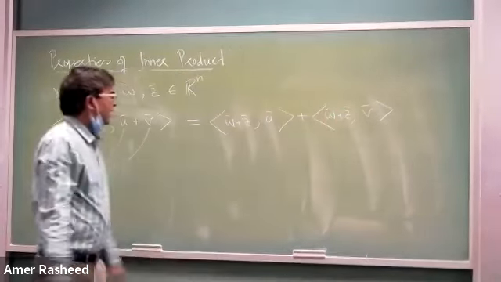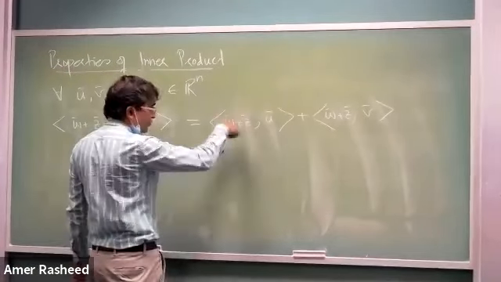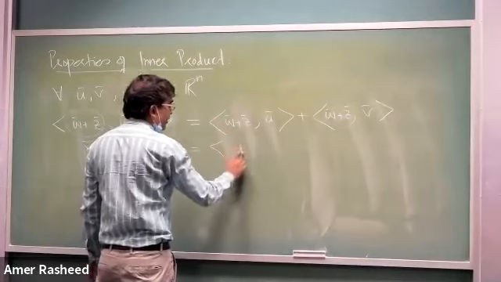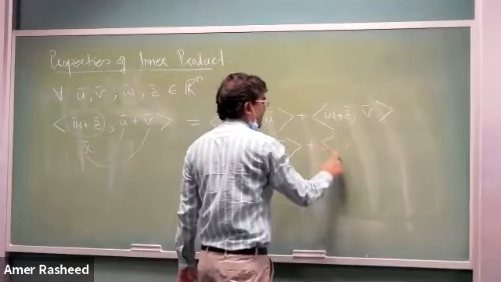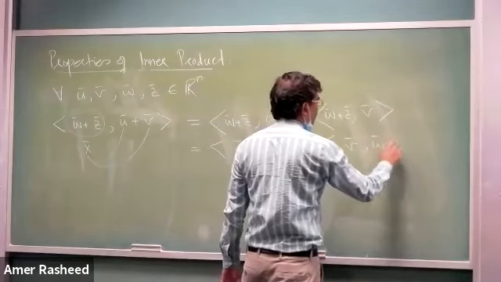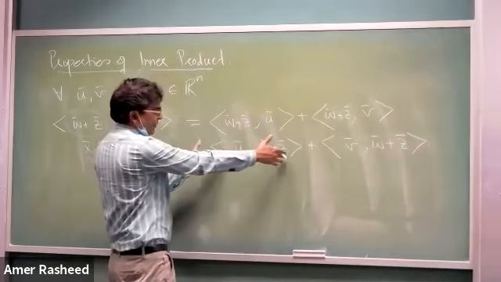We know that inner product is commutative, so we can write it this way: (U, W plus Z) plus (V, W plus Z). Now you have two new things here.